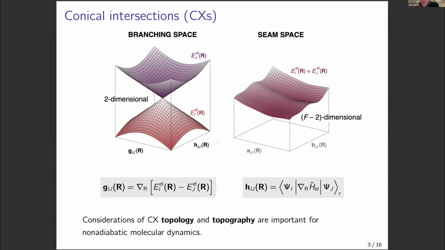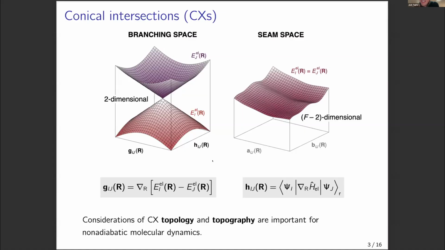If you move along any of the remaining F-2 nuclear coordinates, the degeneracy is retained and the molecule stays within the seam space. Now, in particular for non-adiabatic molecular dynamics, but also in general, one should consider the topology of a conical intersection as well as its topography. Topology simply refers to the dimensionality of the intersection.